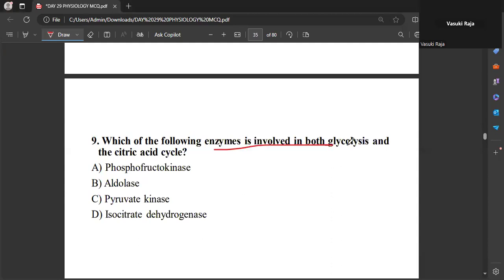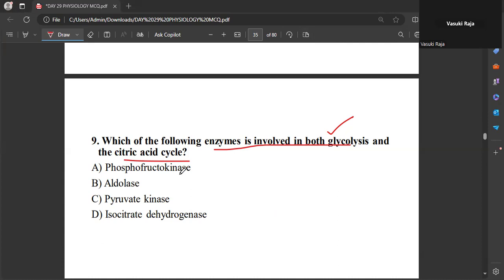Which of the following enzymes is involved in both glycolysis and citric acid cycle? Quick.